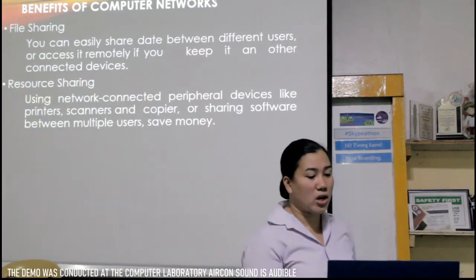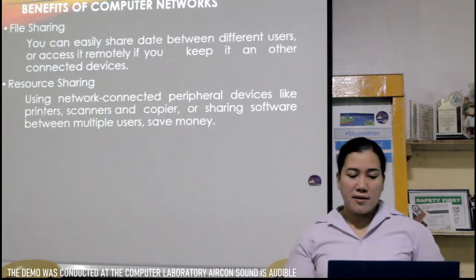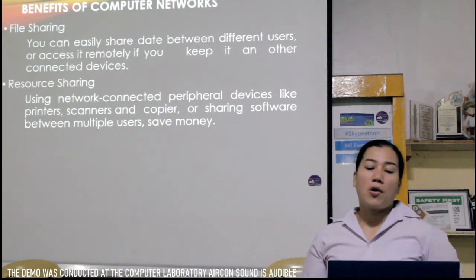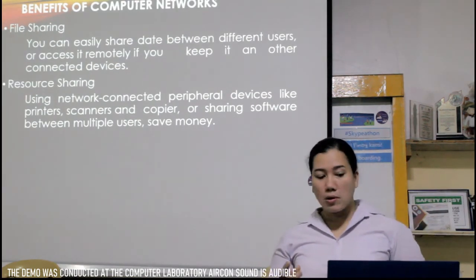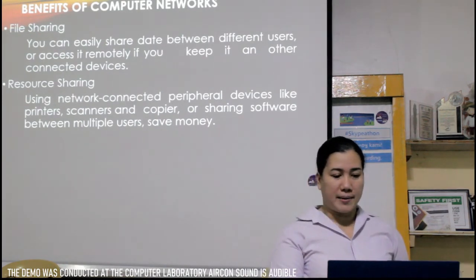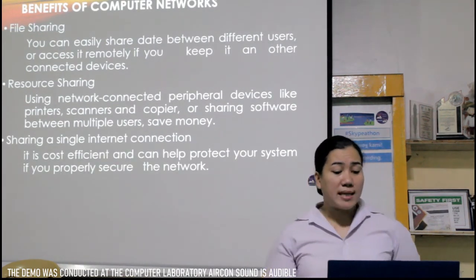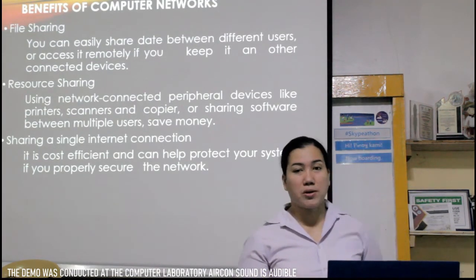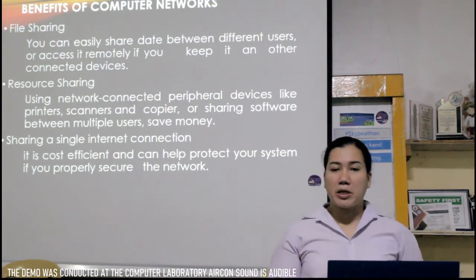Resource sharing: using network-connected peripheral devices like printers, scanners, and copiers, or sharing software between users can save you money. Sharing a single network connection is cost efficient and can help protect your system if you properly secure the network.